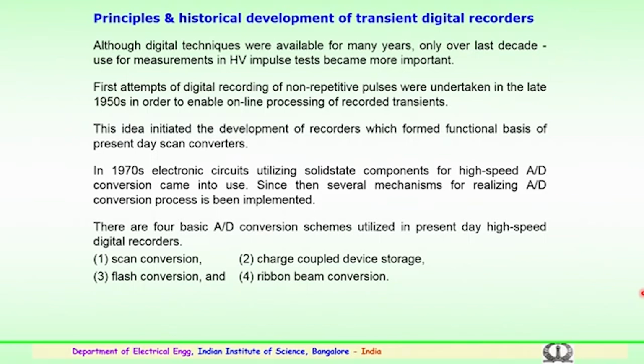There are 4 basic analog to digital conversion schemes utilized in present day high speed digital recorders: the first is scan conversion, the second is charge coupled device storage, the third is flash conversion, and the fourth is ribbon beam conversion.